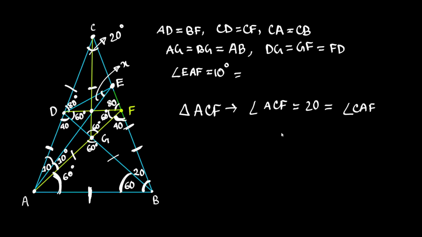CAF is 20, which means this is an isosceles triangle, and the opposite sides are equal, which means AF, the opposite side of C, will be equal to CF, the opposite side of A angle, because this is 10, this is 10, 10 plus 10, 20.